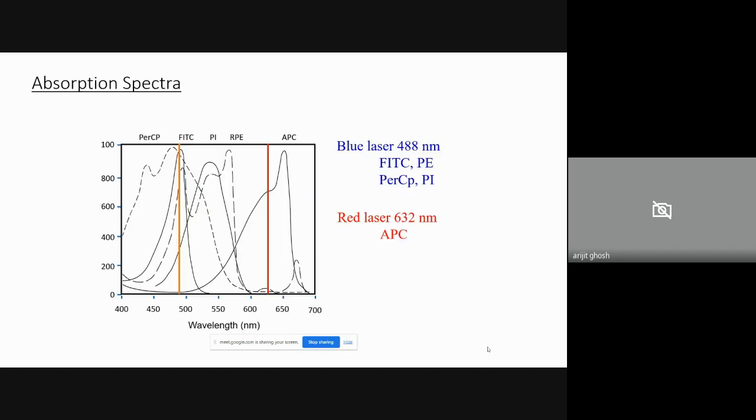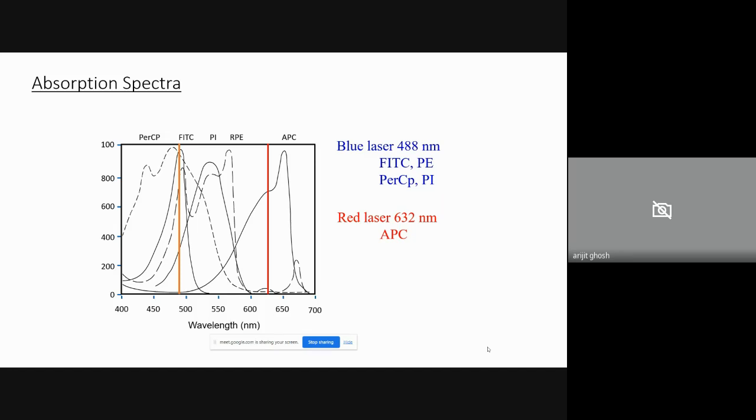Now this is a picture of an absorption spectra. So different types of fluorochromes are shown here. PerCP, FITC, PI, PE, APC are there. Now let's take two random fluorochromes here, FITC and APC.